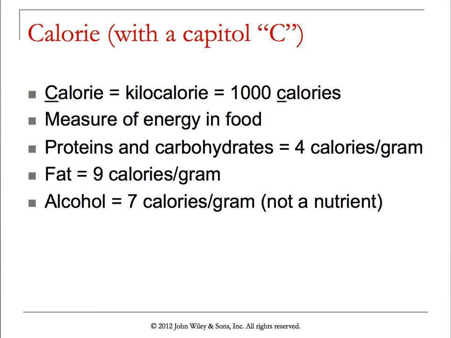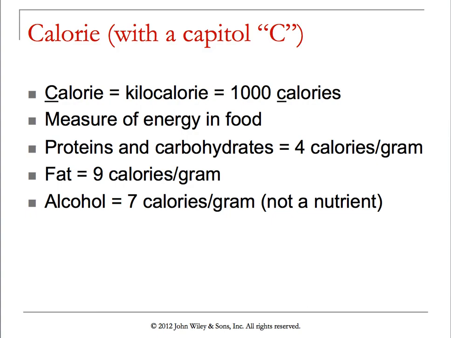So protein and carbohydrates each contain 4 calories per gram. So if you had a gram of protein and a gram of carbohydrates, both are going to contain 4 calories. Now, fat has 9 calories per gram. So in a gram of fat, you're going to have 9 calories, more than double the number of calories in a single gram of protein or carbohydrates.